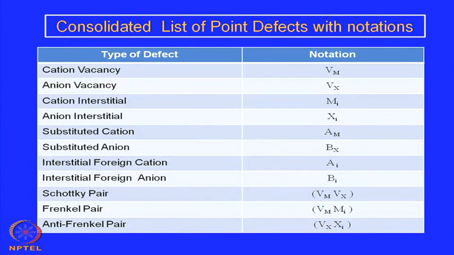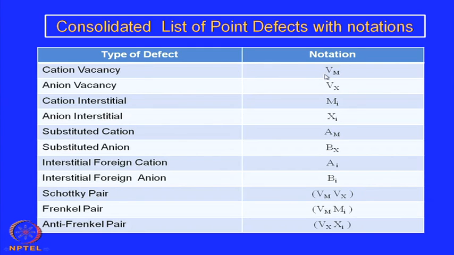All these defects are normally denoted by some notations, and these are standard notations. Throughout this discussion we will be using them. So, let us have a look at these notations. These are like this: cation vacancy is denoted by Vm, that is vacancy V with the subscript being the site.